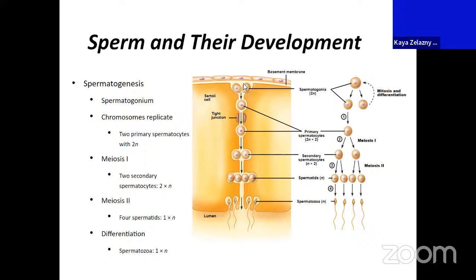But we also have the ability for one of these spermatogonia to undergo meiosis and start to have those daughter cells of meiosis move down between the neighboring Sertoli cells. Okay.